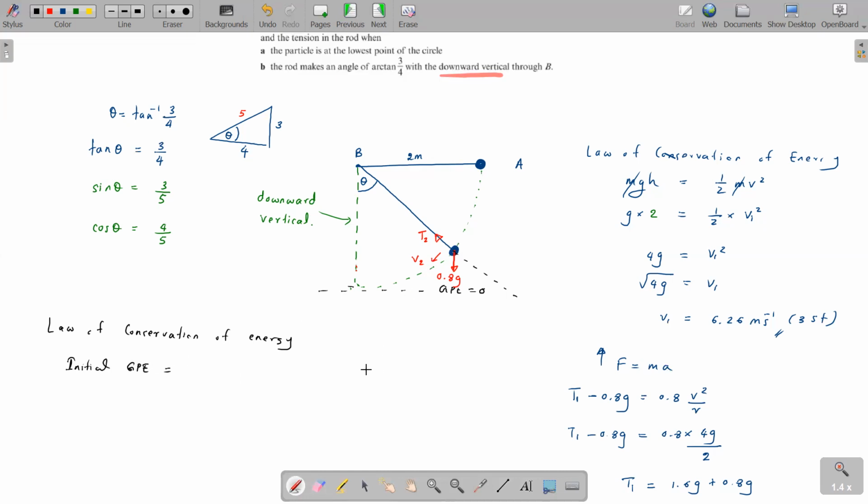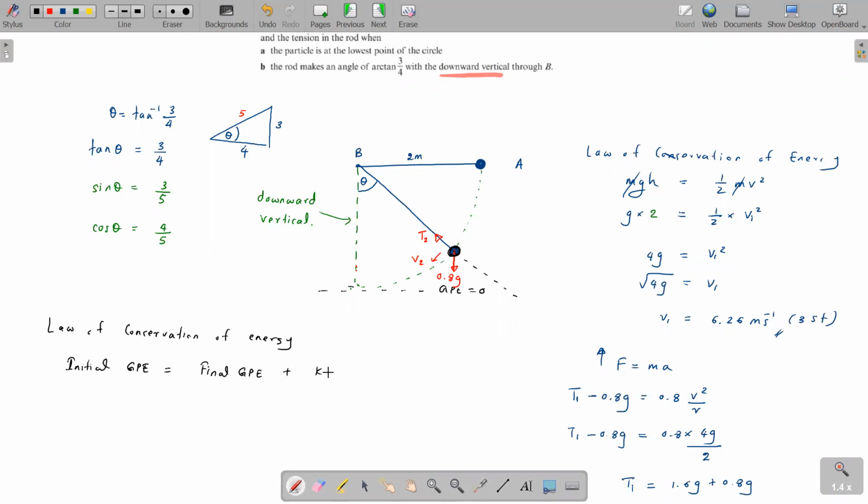You can see over here you are still above the ground level, so you still have a GPE because you're above the GP0 level. By the way, if you require, you can use this point as the GP0 level. That's perfectly fine. You can take the GPE from A to this point as the height, and for this point you don't need to use a GPE.